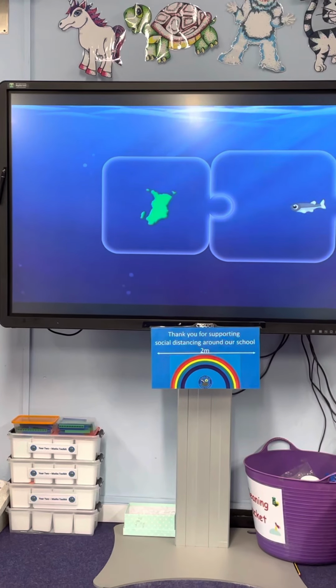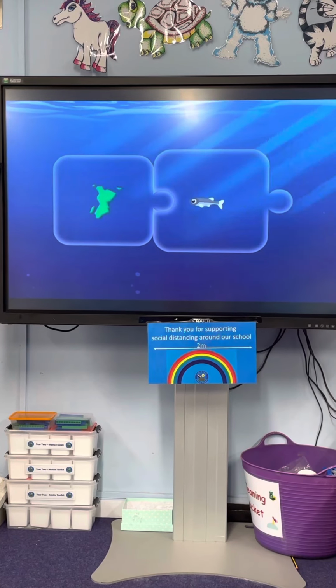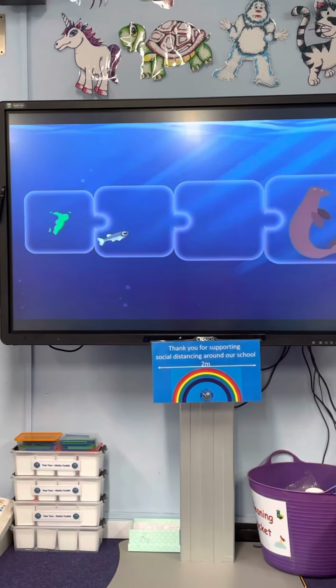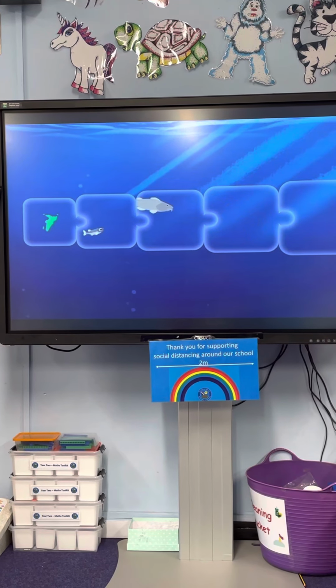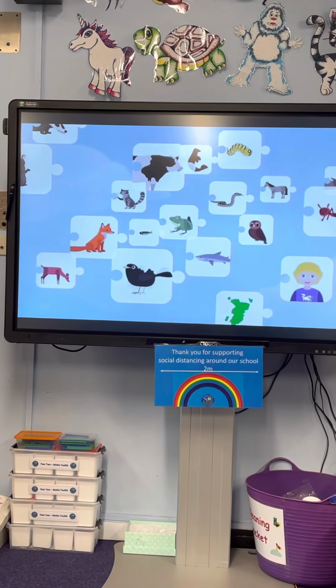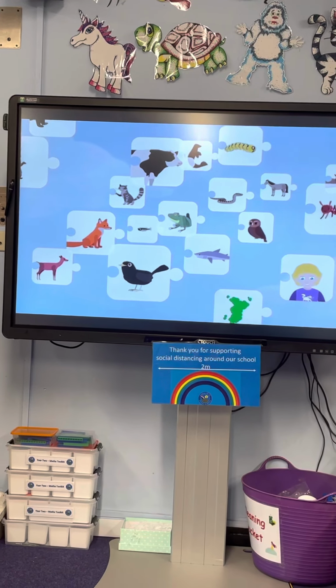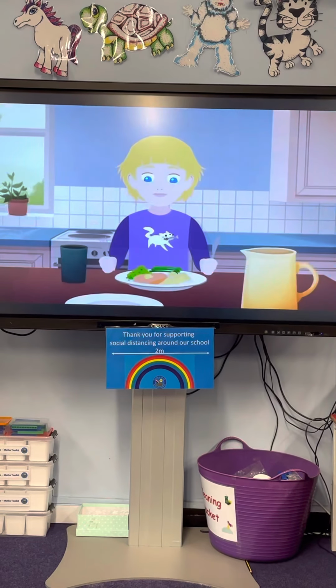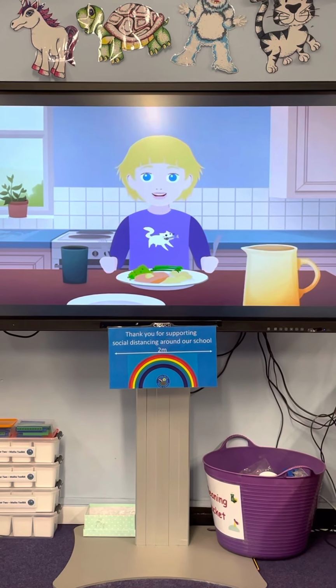Algae is eaten by small fish, small fish are eaten by bigger fish, and bigger fish are eaten by sea lions, who are then eaten by sharks. There are lots of different food chains taking place around us, but food chains usually start with a plant and finish with a big, hungry animal. Like me.